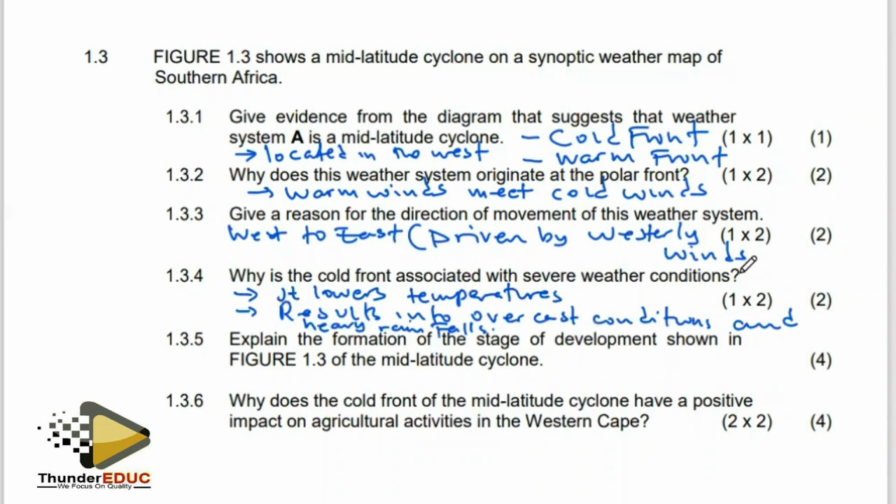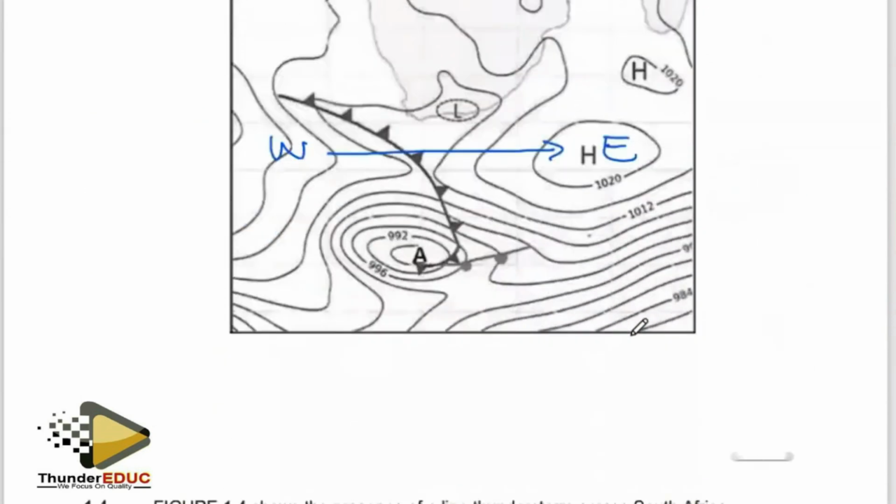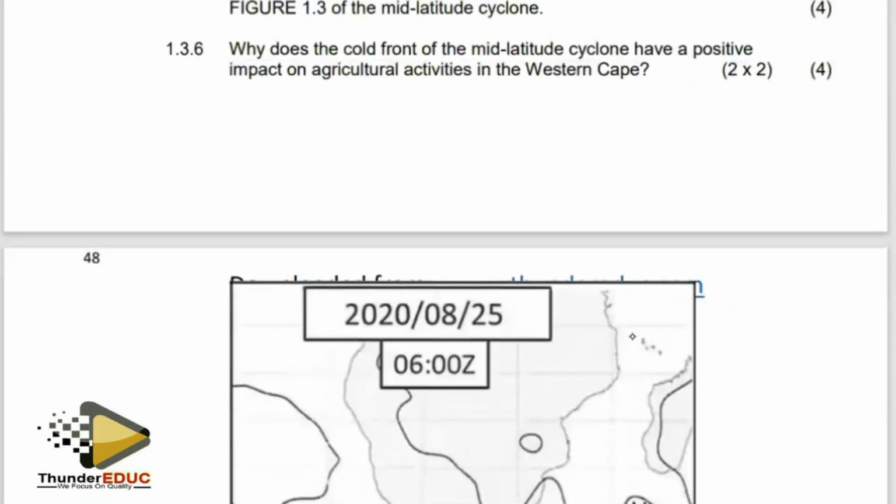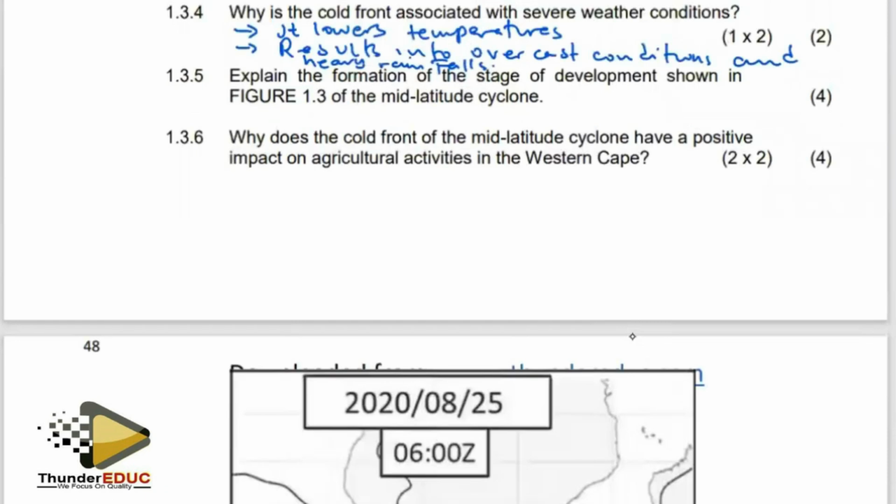1.3.5. Explain the formation of the stage of development shown in figure 1.3 of the mid-latitude cyclone. Let's see the stage of development. I think this is going to be the occlusion stage, because you can see the cold front and warm front are mixing up, which is the occlusion stage.